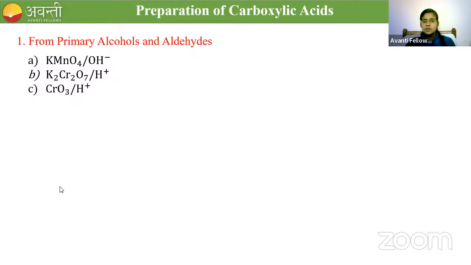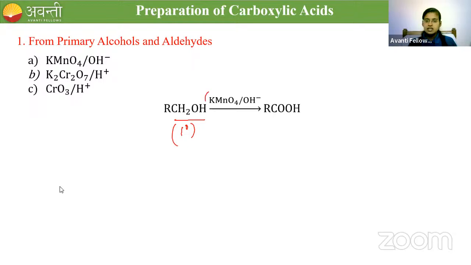Let me show you the reaction. Take a primary alcohol, RCH2OH, and use one of the oxidizing agents, you will get a carboxylic acid.